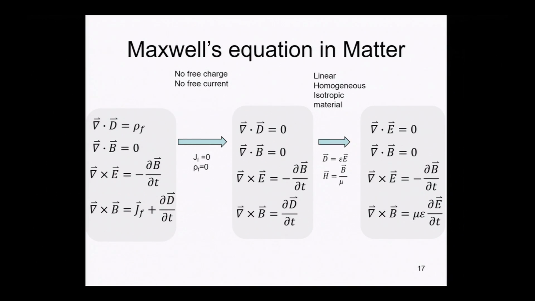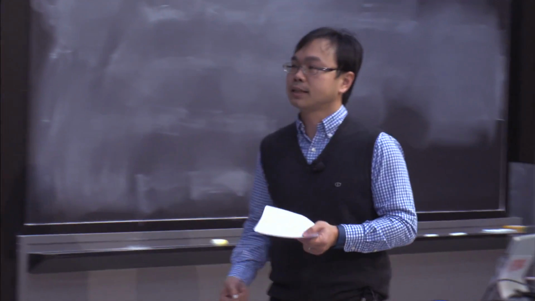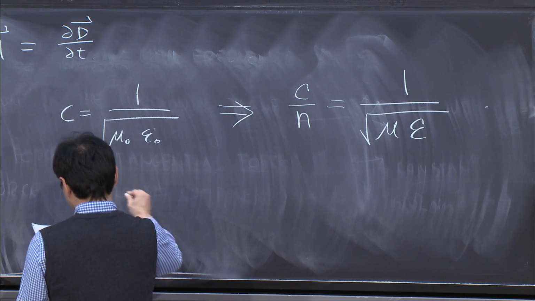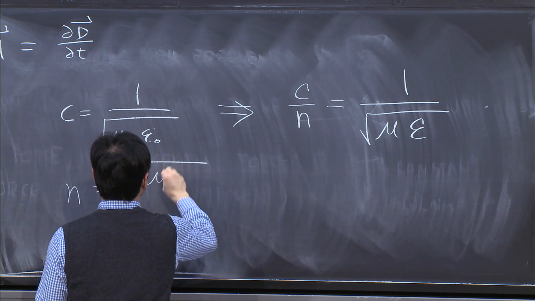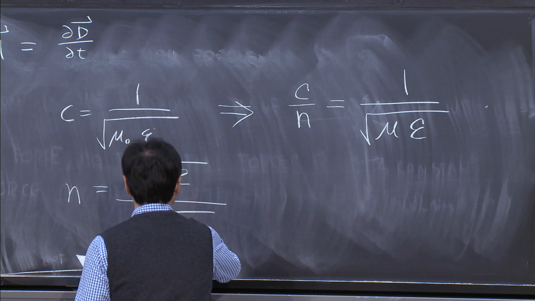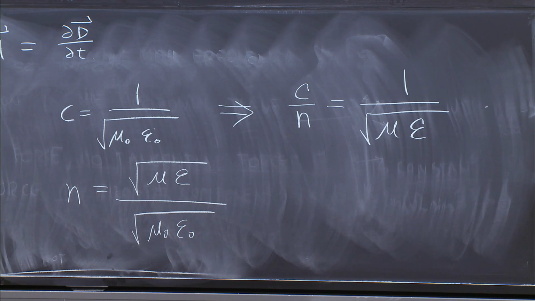Almost everything is the same. What is different is that we now have a different speed of propagation, which is related to the refractive index we discussed last time. And now we understand what this refractive index is: N is equal to square root of mu epsilon divided by square root of mu 0 epsilon 0. Any questions?